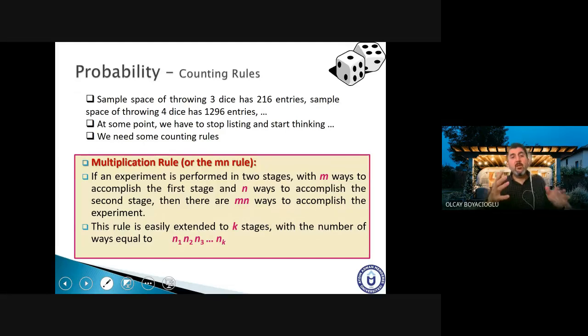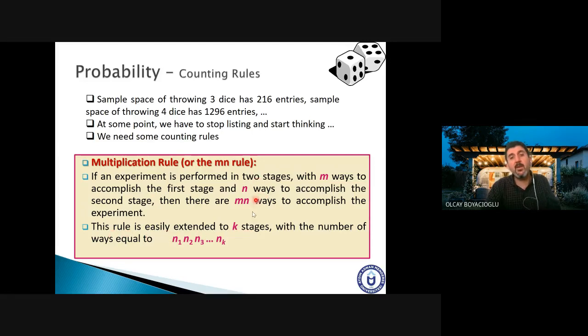Eğer birinci işlem basamağını m farklı yönde yapabiliyorsanız, ikinci işlem basamağını da n farklı şekilde yapabiliyorsanız, toplamda kaç farklı şekilde yaparsınız? m çarpı n, değil mi? mn ways. So this is called the multiplication rule. This rule is easily extended to k stages.